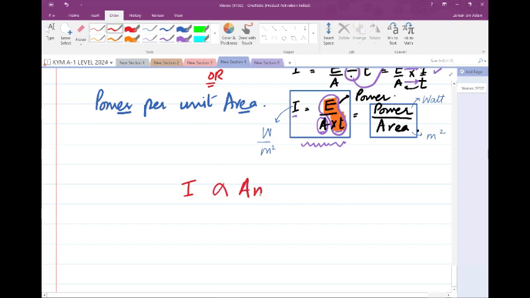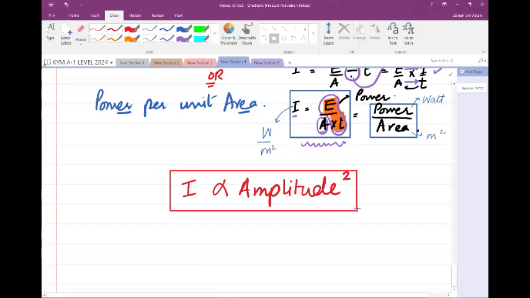You can ask me why is that or where did that come from? That is not relevant to our syllabus. It is just something that we have observed, that upon increasing the amplitude of the wave, the intensity of the wave increases by a factor of 4. I'm going to explain this statement in a little while, but for now, you don't have to actually know where this comes from or who presented this as a law.